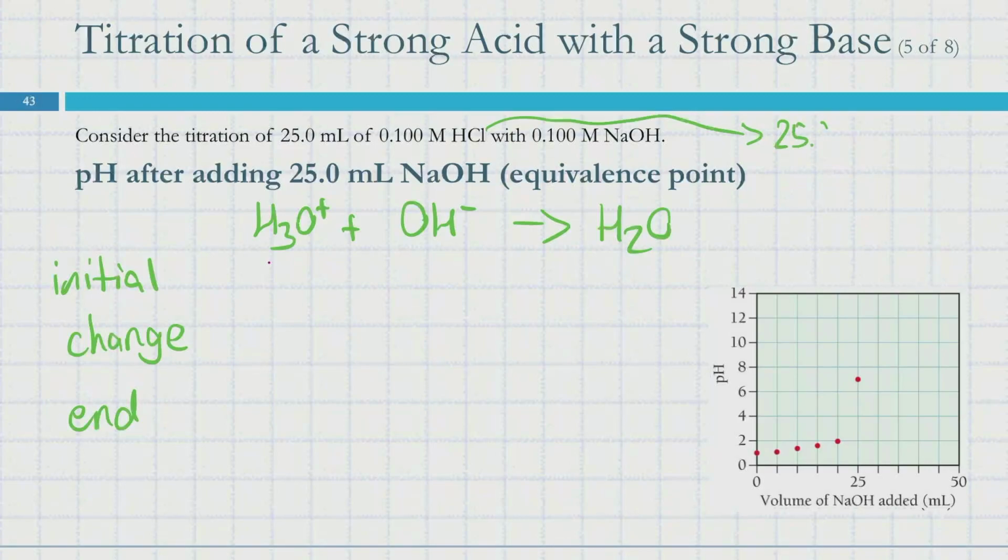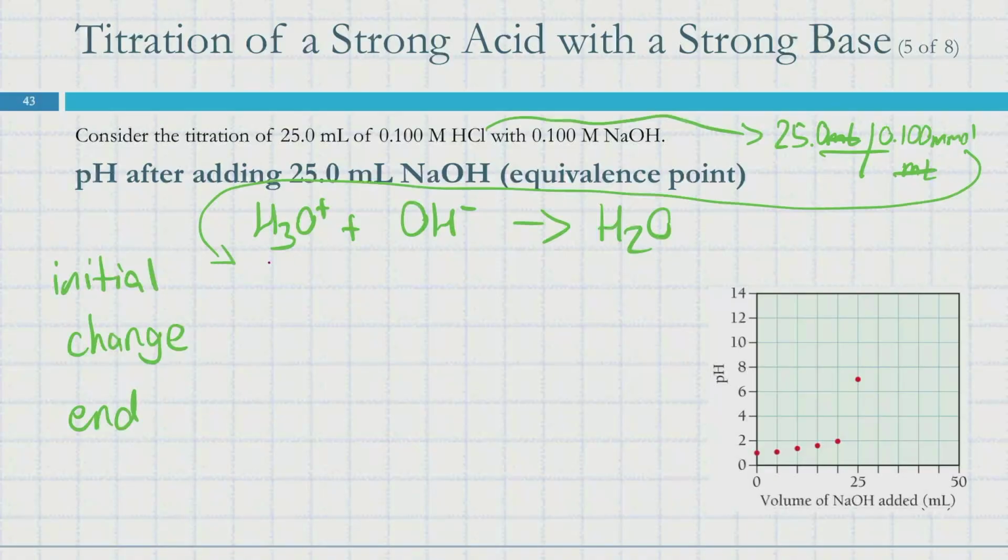Our 25 milliliters of 0.100 millimoles per milliliter solution. We saw that calculation earlier. That's our amount of H3O plus that we started in the flask. So it's 2.50 millimoles.